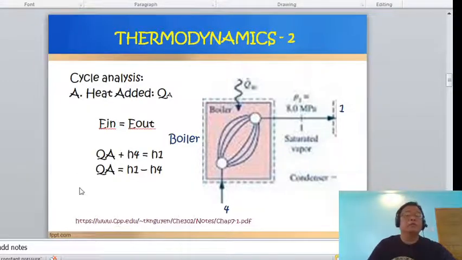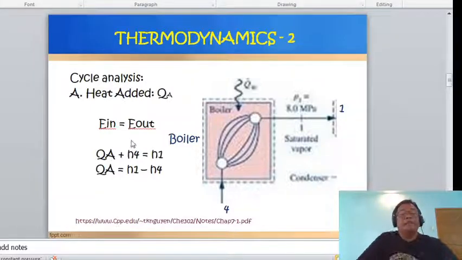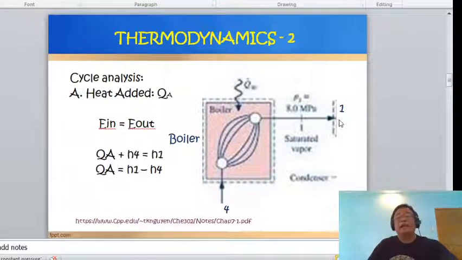So, in order to determine the heat added, of course, we only need to determine the change in enthalpy, or the difference between the enthalpy at point 1 and the enthalpy at point 4. Okay? So, that is, class, the heat added. Okay? So, I think it is very clear.